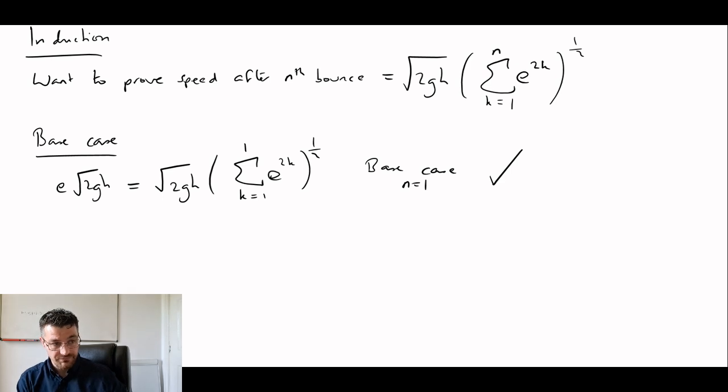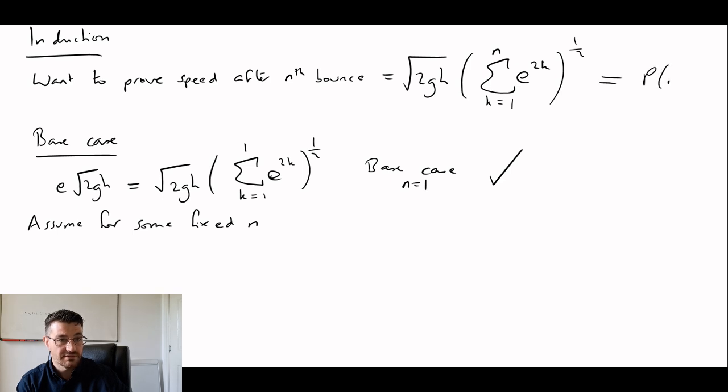So now, assume for some fixed n that the speed after the first bounce, I'll call this Pn, by the way. So this expression here is going to be Pn.